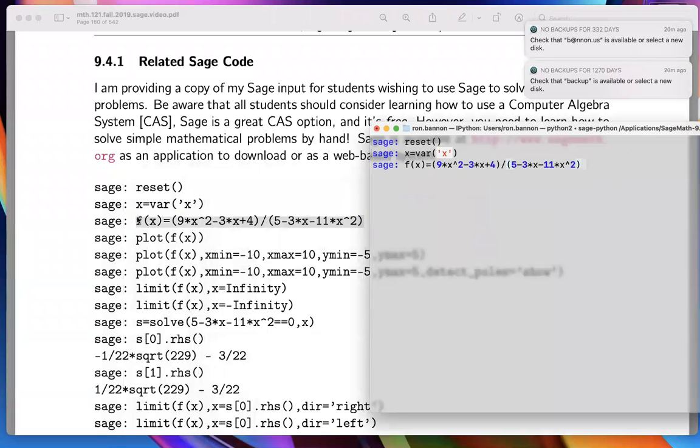Now, again, I want to say I actually typed up your entire set of notes. I do this for Math 100, 119, 120, 121, and 122. I make sure that my students are familiar with the computer algebra system.